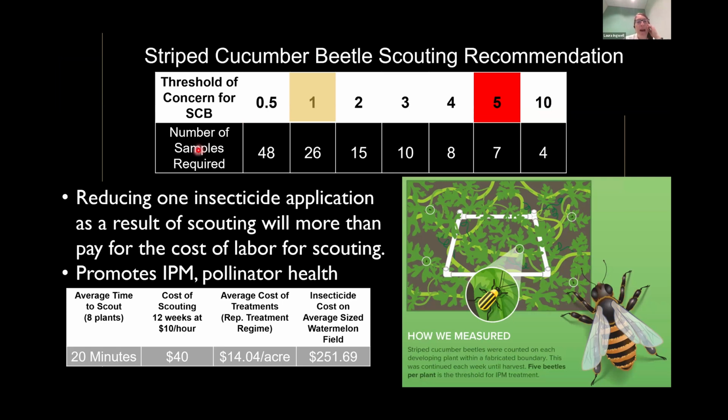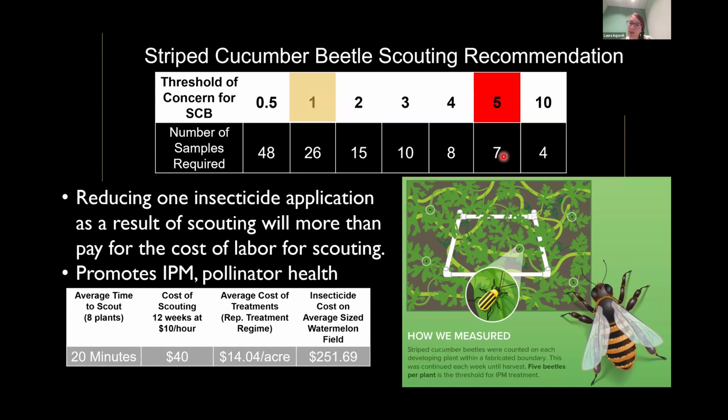He did some math and some scouting to determine the number of samples required with 95% confidence to detect one beetle per plant for cucumber and cantaloupe, or 5 beetles per plant for pumpkin, squash, and watermelon.